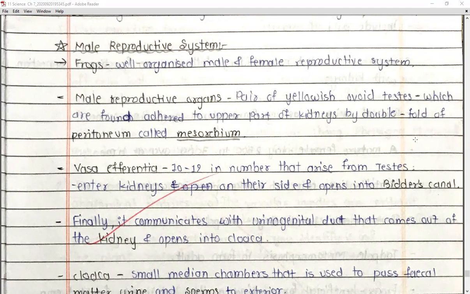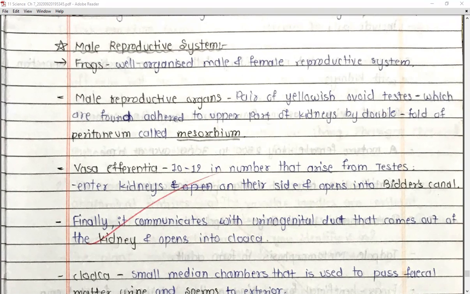These are found adhered to the upper part of the kidneys by a double fold of peritoneum called the mesorchium, right? This mesorchium is two layers, which give protection to the inner testis, and these testes are present nearby the kidneys, right?